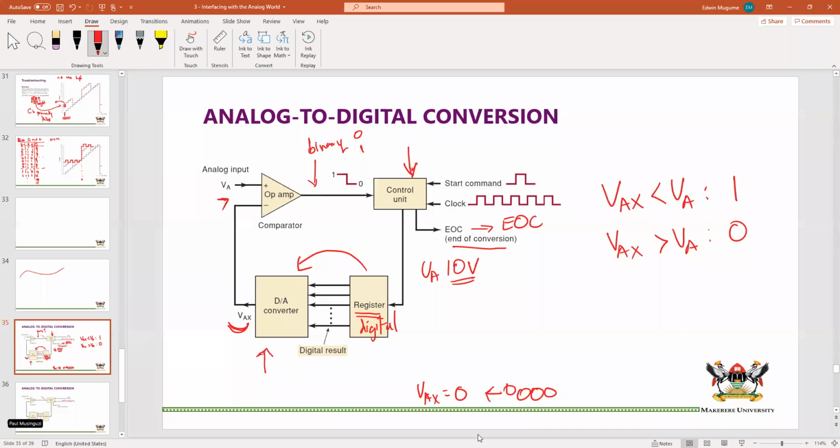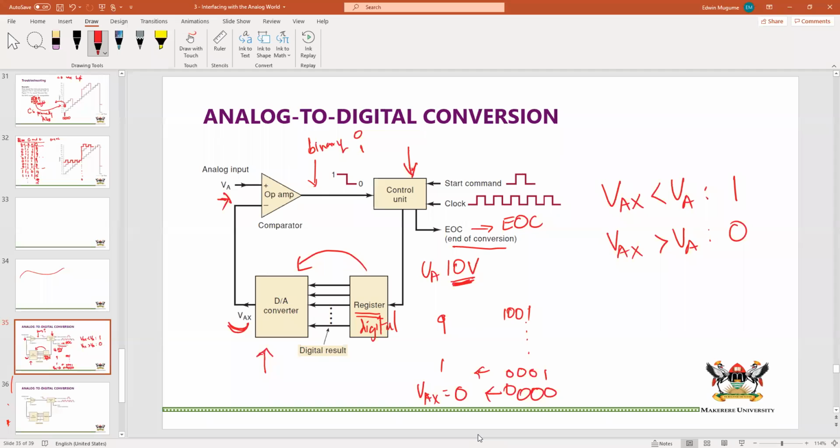We compare with VA. Obviously VA is greater than VAX, so our output will be high. Then we change the register to 0, 0, 0, 1. VAX of 1 compared to VA will still give us a high. We continue until 1, 0, 0, 1, which is 9. 9 compared to VA, which is 10, will still be a high.